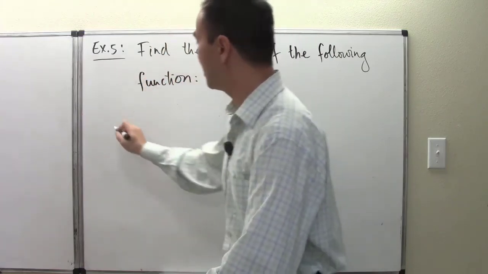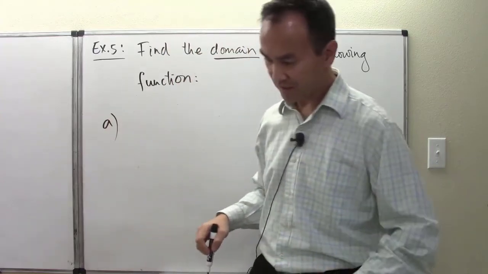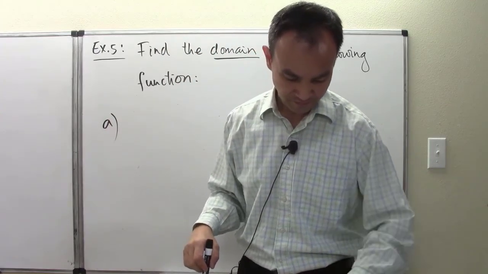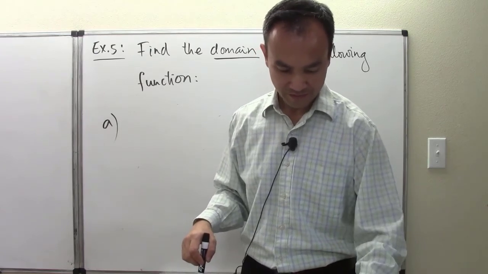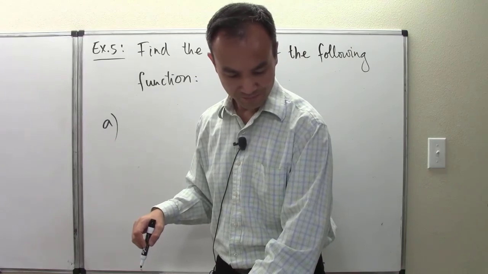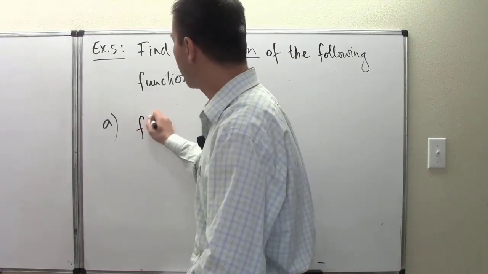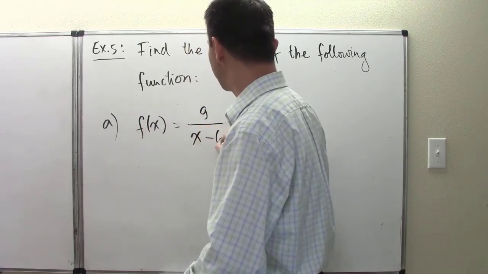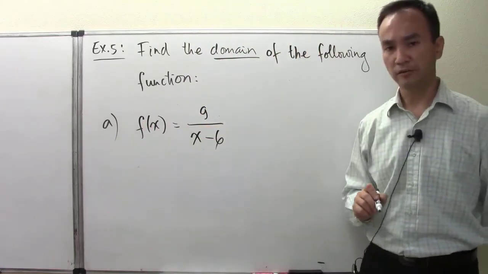All right, part A. Let's look at f of x equals 9 over x minus 6.